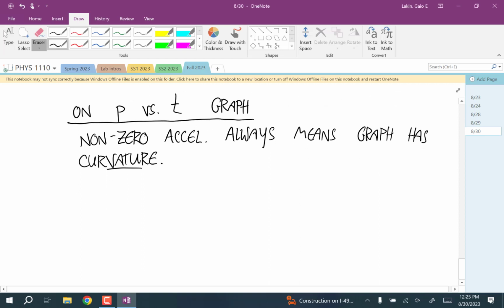If the curvature is part of a concave up shape like that, that means that the acceleration is positive. You know, like it has a positive attitude. So you can remember it that way.